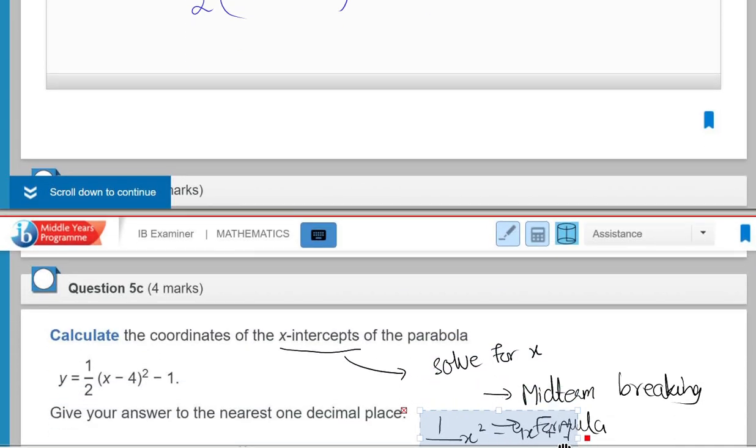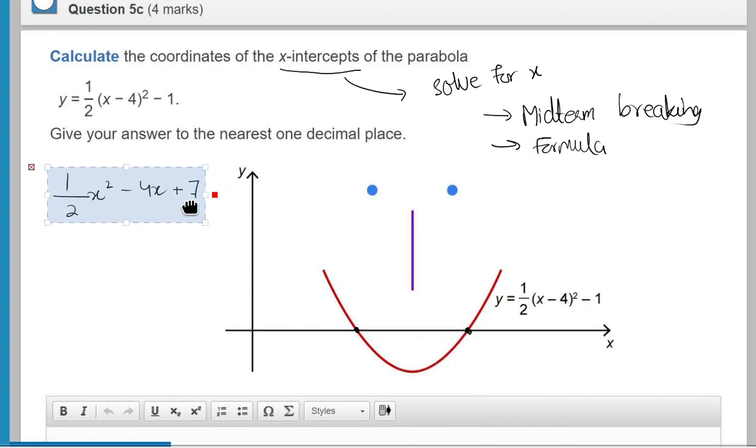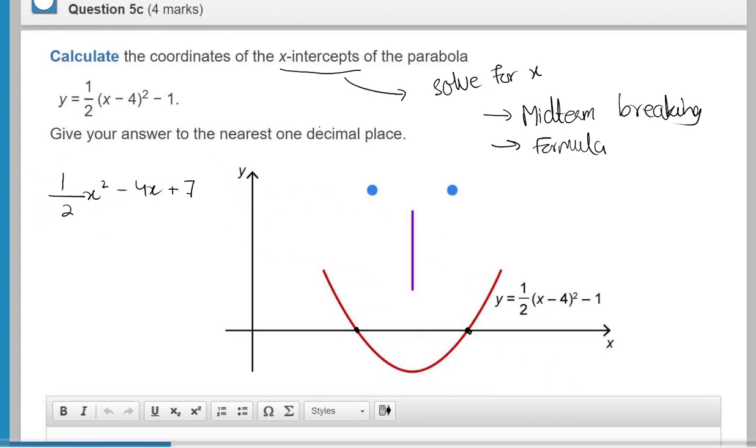Let's move downwards. Now, one big thing: if it says nearest to one decimal place, you should use the quadratic formula. This is a very big strategy. I'm not going to explain the reason behind it, but just try to understand that if it says nearest to one decimal place or nearest to two decimal places, you're supposed to use the quadratic formula.